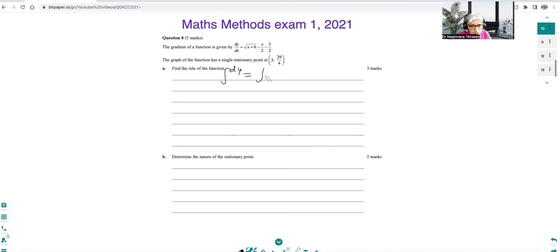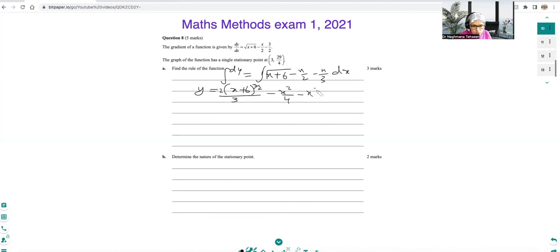You get the integral of x plus 6 to the square root, minus x over 2, minus 3 over 2, dx. Then we can easily see that dx gives us a y, and x plus 6 gives me x plus 6 to the power 3 over 2, divided by 3 over 2, which gives me 2 over 3, minus x squared over 4.